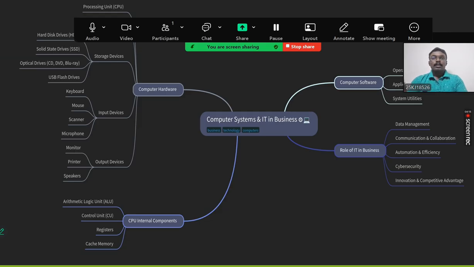Registers are high speed storage locations. They reside within the CPU and temporarily hold data which is very important for starting up a computer. Cache memory is high speed memory that stores frequently accessed data.